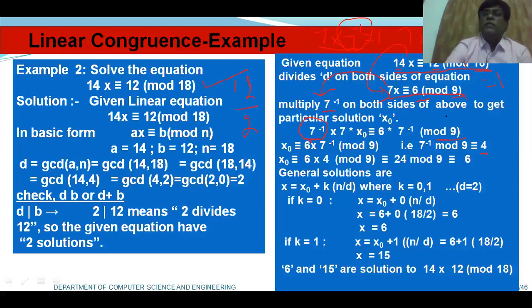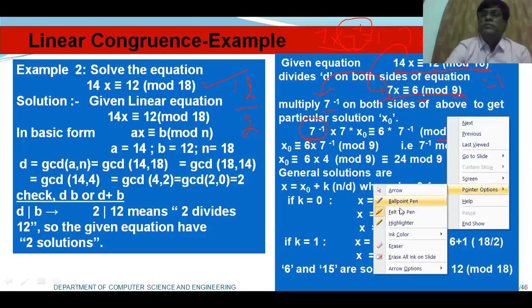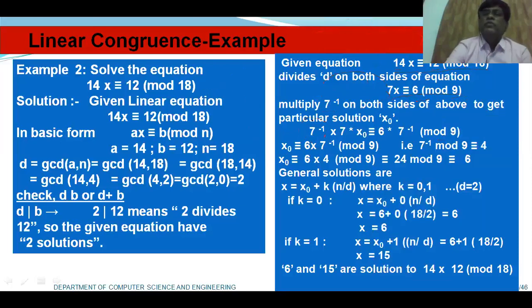So finally, if you multiply the given equation, the left side and right side, with the multiplicative inverse of 7, so this is 7 inverse into 7 into x naught. Multiply this with the 7 inverse.